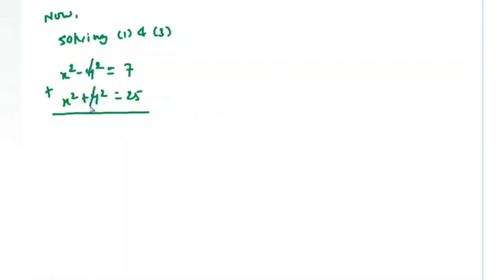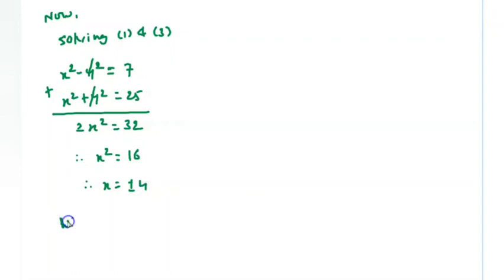Adding the two, you will get 2x square is equal to 32, and therefore x square will be equal to 32 divided by 2, which gives you 16. Therefore we will have two values of x, plus or minus 4.